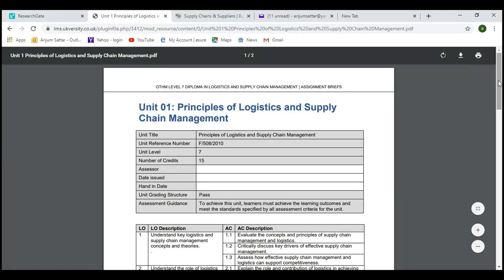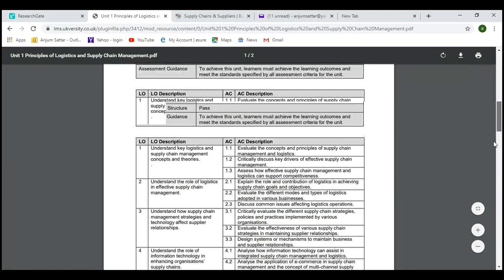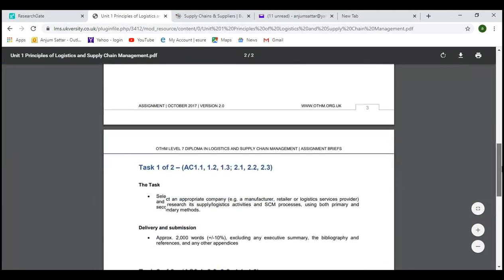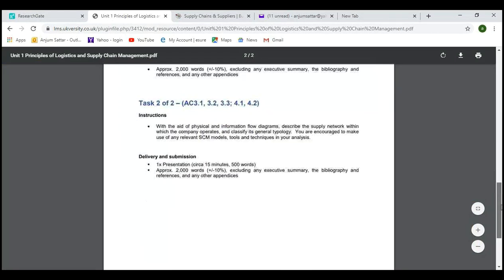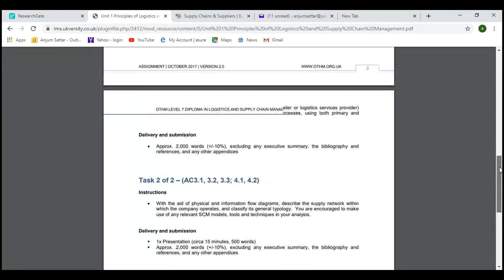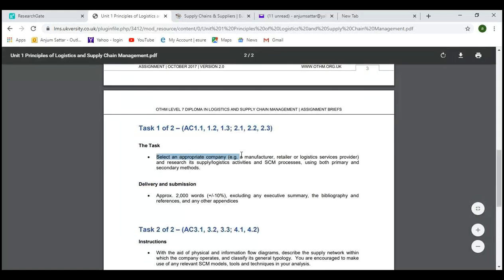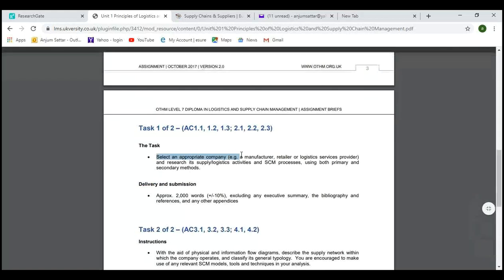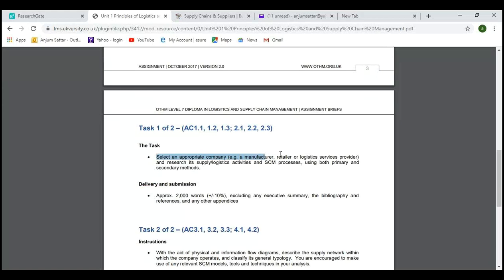So that's your brief. Yes, so we have how many tasks? 2 tasks, yes? Select a company. You give a little introduction about company, yes? Manufacturer, retailer, and service provider, and research, logistics, supply chain activities, processes, both primary and the secondary method. Yes, thus we need to write 2,000 words, 10% more, 10%, yes?